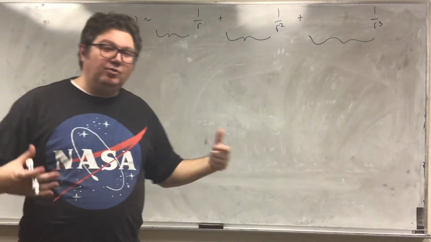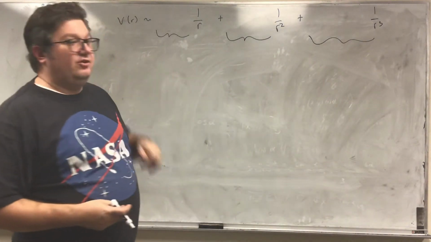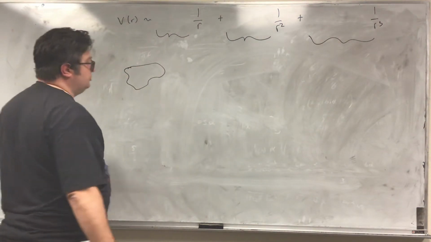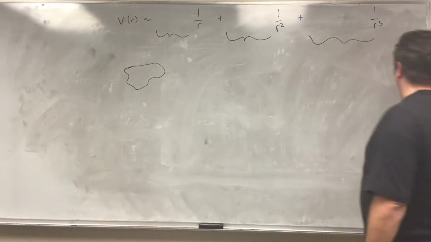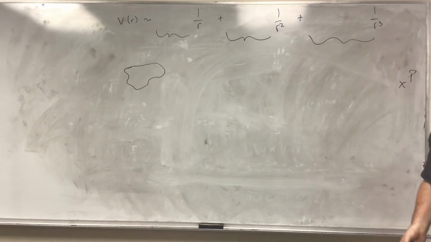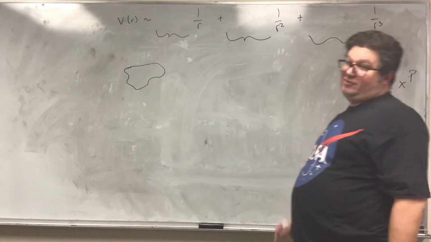So the farther you are away from some charge distribution, if this is my charge distribution and I'm really far away, say at point P, I can look at a situation where 1 over R cubed may be 0, but 1 over R squared isn't.